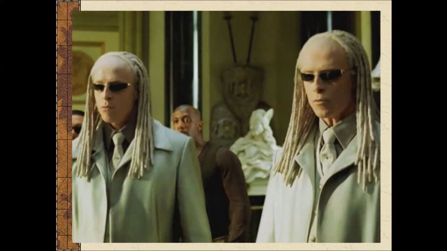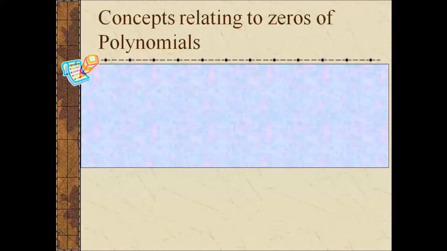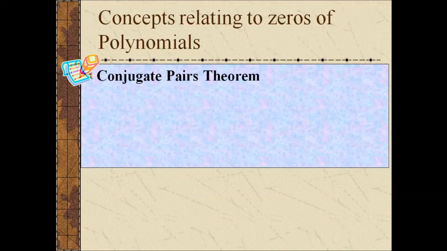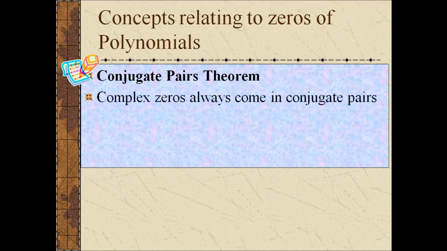The next concept tells us that sometimes the zeros of polynomials come in pairs, and it's called the conjugate pairs theorem. What it says is that complex zeros always come in conjugate pairs.